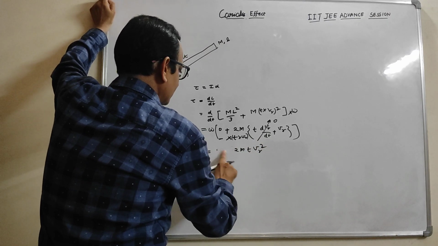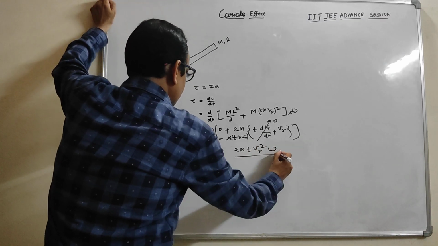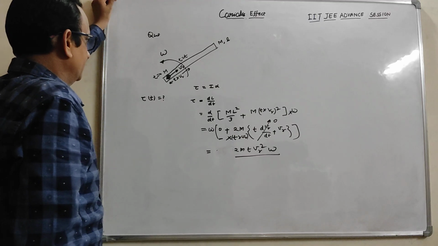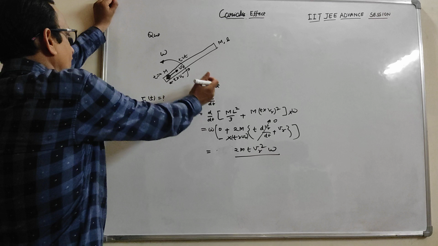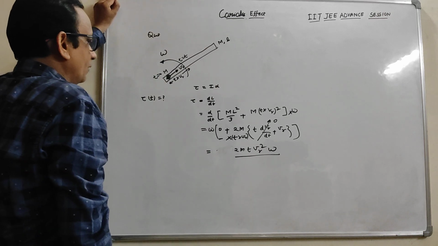So we can write the torque as 2m omega t vr square. If the rod is moving in the anticlockwise direction, the torque acts in the clockwise direction.